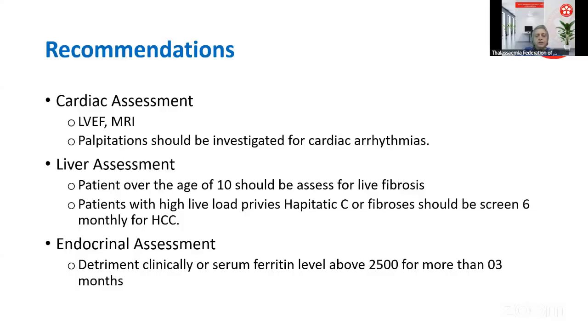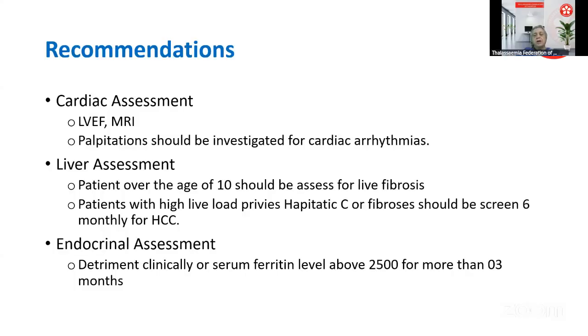The endocrinal assessment: you should investigate a patient either when you clinically feel that he has some signs and symptoms, referring to an endocrinologist, or when you know that the serum ferritin is above 2,500 for more than 3 months.